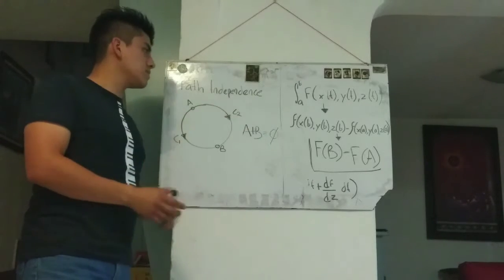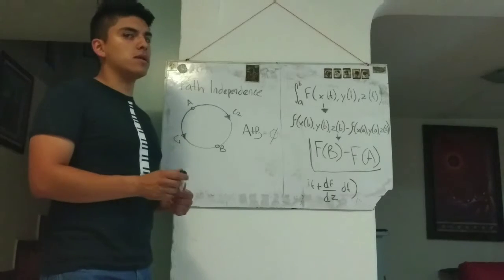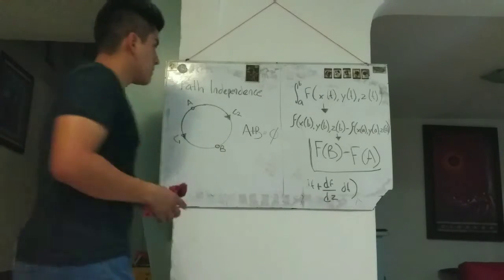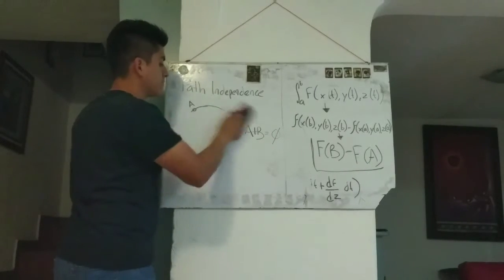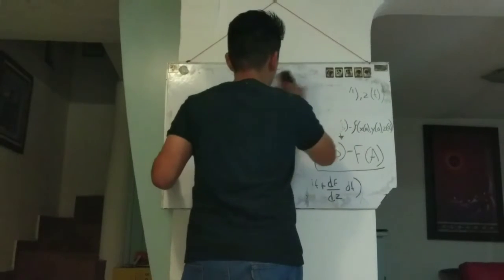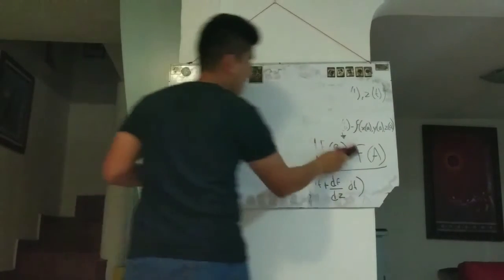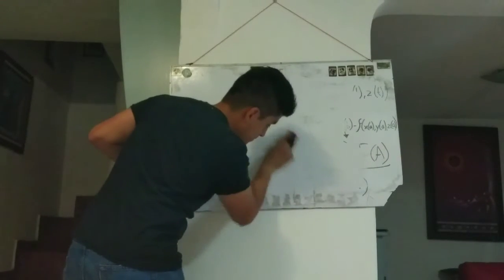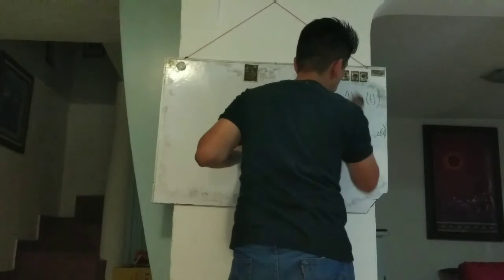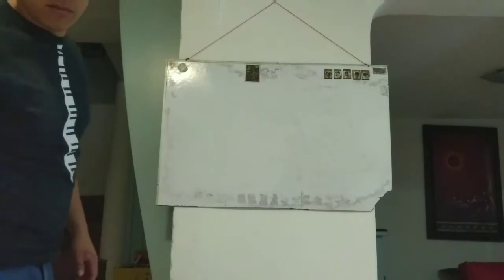This is our theorem of path independence, and we are going to see a little subject to understand the next theorems because they use double integrals, and I'm going to explain to you what a double integral is.